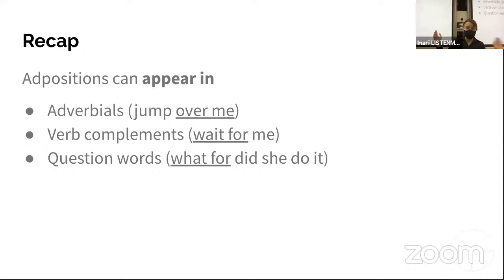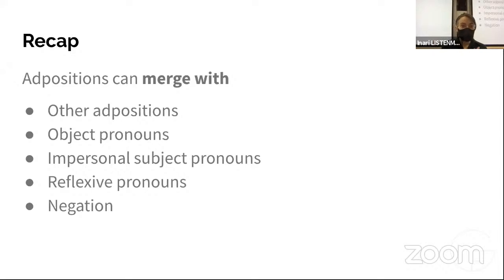The closest English translation would be to say "why" as "what for." So "why did she do it?" becomes "what for did she do it?" Or "how, in what way did she do it?" You have an adposition there. So that's the place where they appear. And then what they merge with: other adpositions, object pronouns, impersonal subject, reflexive, negation.